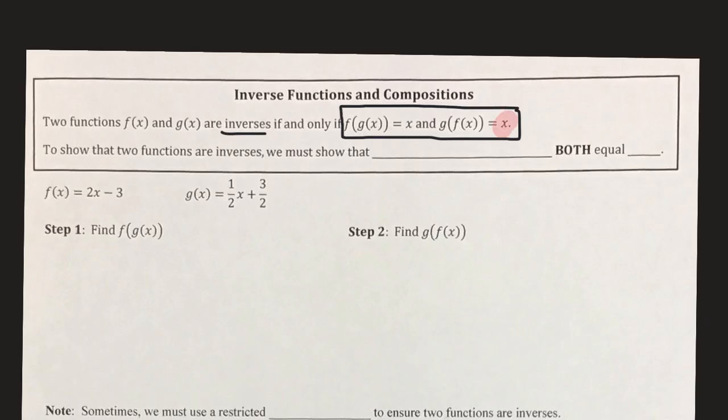Okay, so if you get anything other than x when you are doing your compositions, that means those functions are not inverses of each other. Okay? So to show two functions are inverses, we must show that both compositions equal x. So we have to compose the two functions together, and when you simplify those two compositions, the answer just simplifies to x.